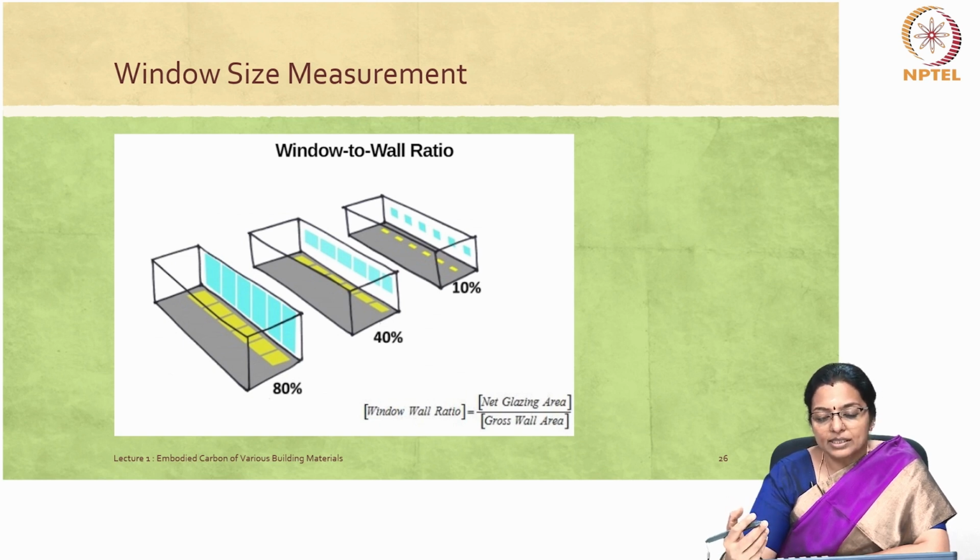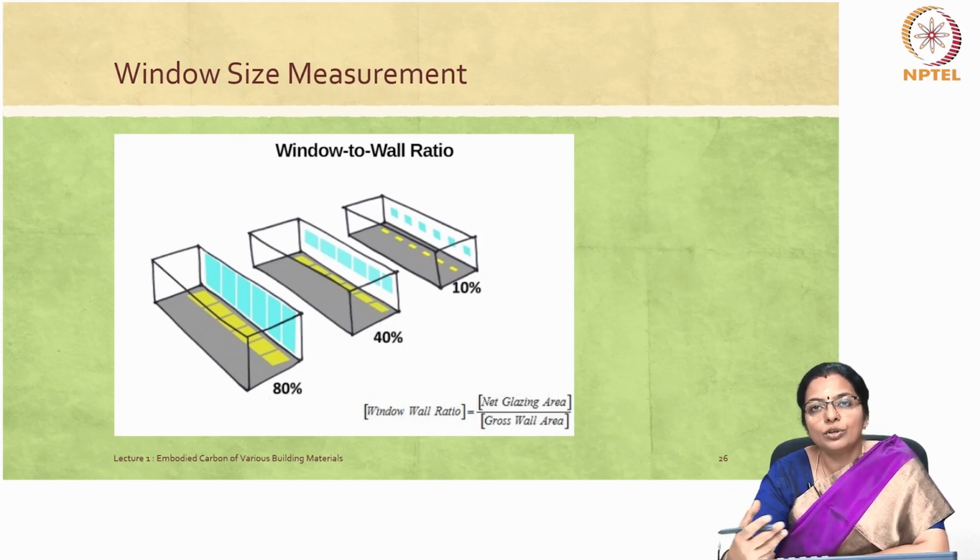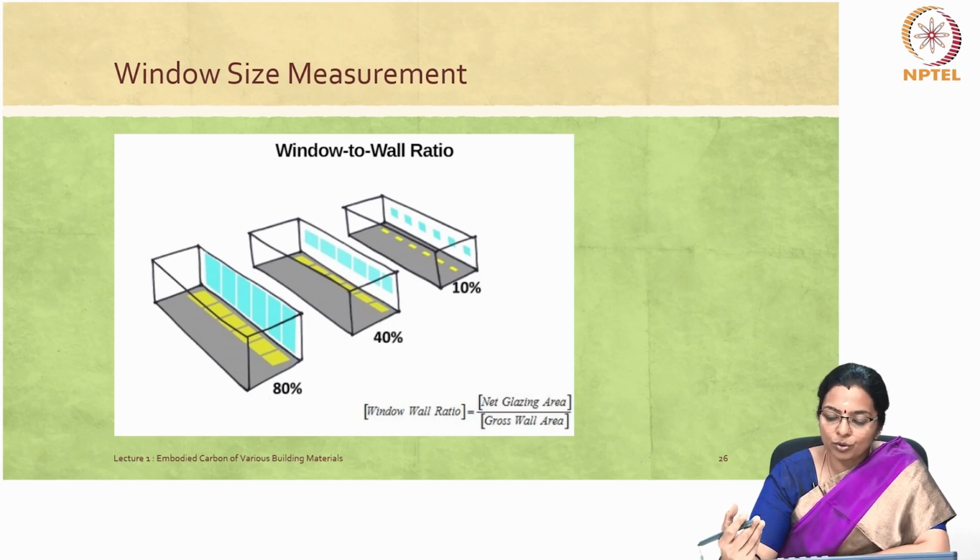We need to understand window to wall ratio, as that is the measure of percentage of openings. So, when we talk of the amount of openings, that is normally measured in window to wall ratio. So, window to wall ratio is the net glazing area divided by the gross wall area.